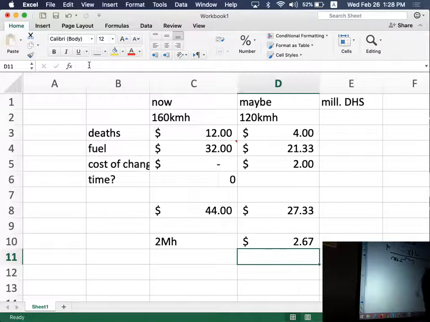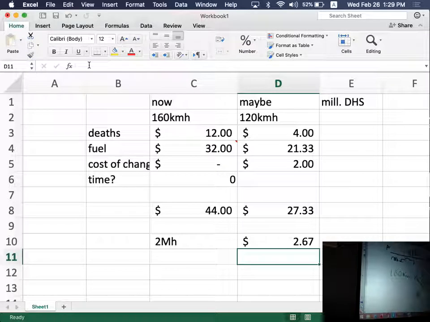Or you can say 160 kilometers divided by 120 kilometers per 1 hour, that's the speed, right? Equal 1 point what?